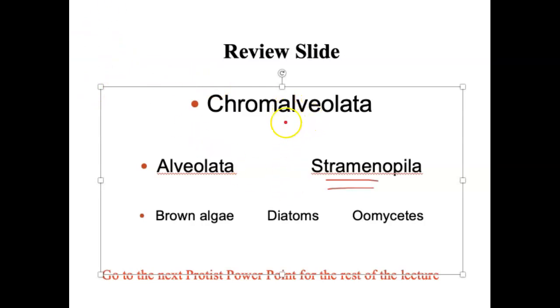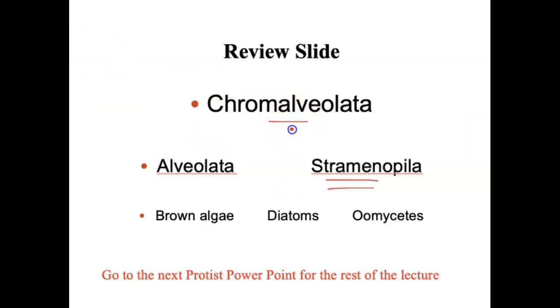So they're chromioalveolata, so they have that feature, but to be straminopilla, they're going to have a different feature. Actually, let me do this so we color code, make a little more sense. All right, so we're going this direction because there's a different feature.